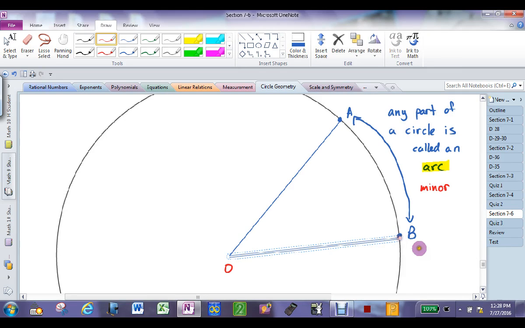So all of you should be looking at a slice of your circle, yes? Slice of my pizza. Everyone agrees? You have just created an angle.